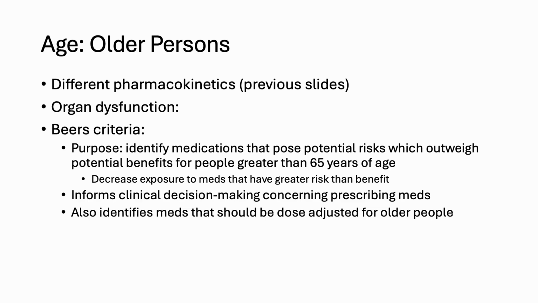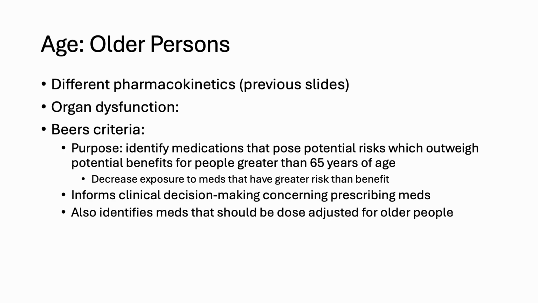Now, the one thing you have to remember about Beers criteria, and it's on this slide, is the phrase risks and benefits. Sometimes there are some medications that are so needed, so priority, that even if they have risks according to Beers criteria or any other criteria out there, the potential benefits outweigh the risks.